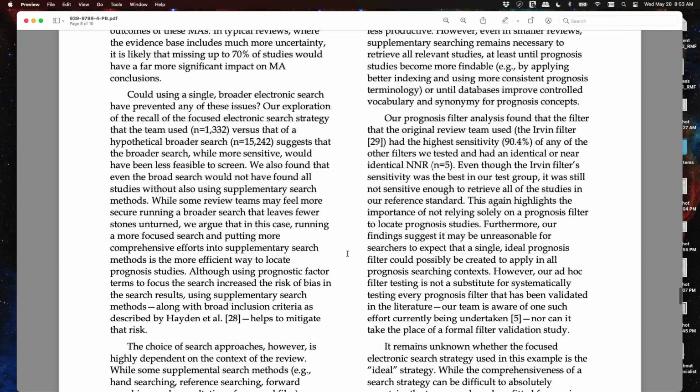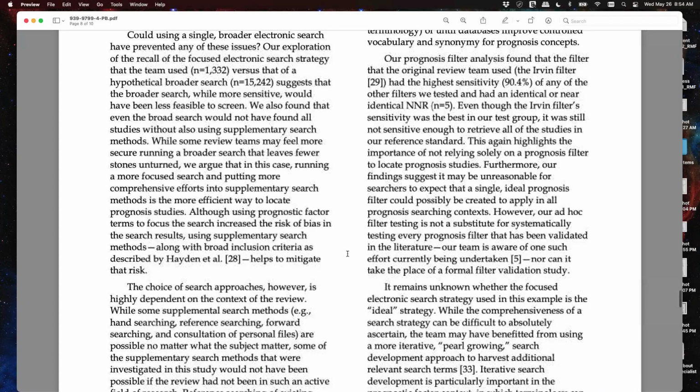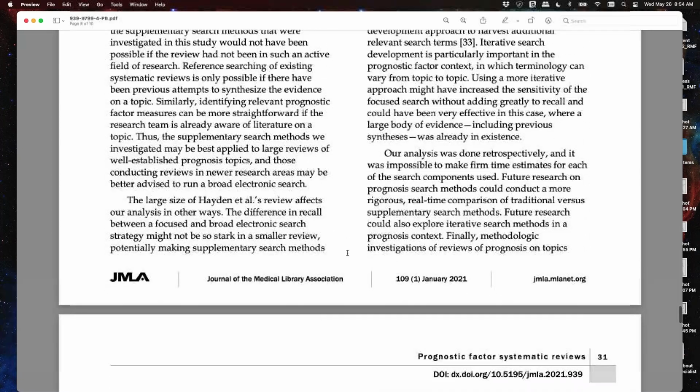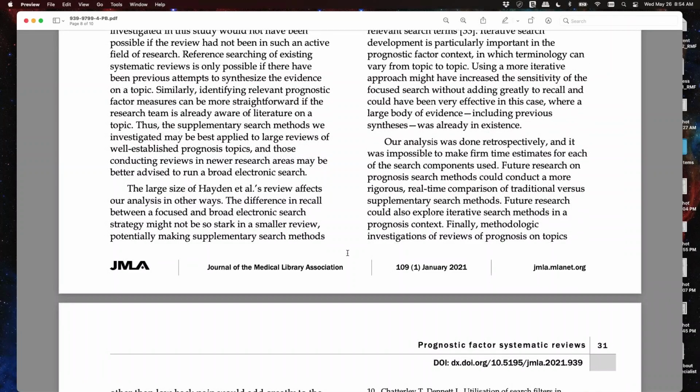When I first introduced this paper, I mentioned that usually all the information retrieval papers that we see conduct investigations based on retrospective analysis. And here they say, okay, researchers could do real-time comparisons of these search methods. So, wow, I think that's very ambitious. And I would really like to hear what other people in this call think about conducting real-time comparisons of search methods. Have you ever seen something like that?